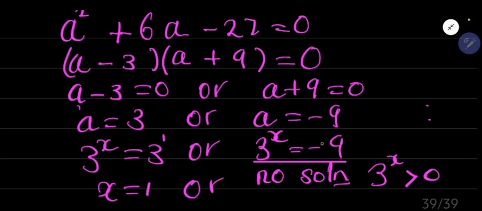At least if this 9 was positive. So you can conclude that whenever you have a positive base to a power, it can never be a negative number.